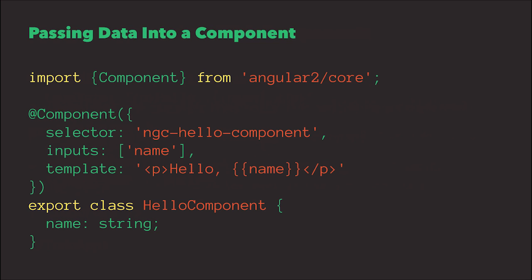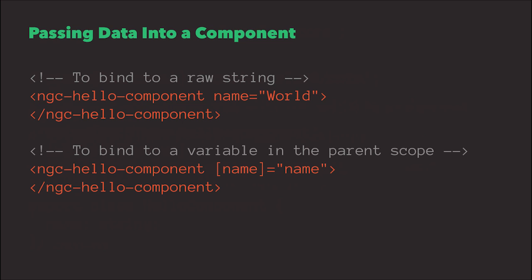The inputs property accepts an array with a list of strings. These strings then get converted into attributes that can be used to pass data into the component. So once we define, in this case, an input called name for our component, in our markup, we can use it similar to what you might be used to in Angular 1 with directives.